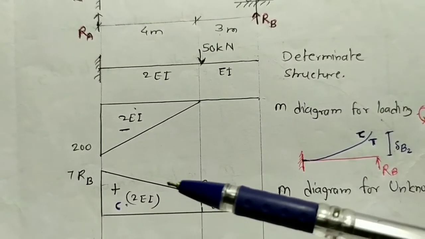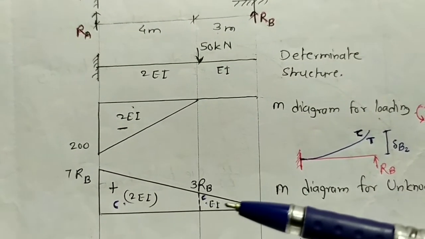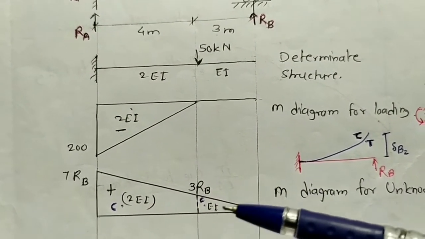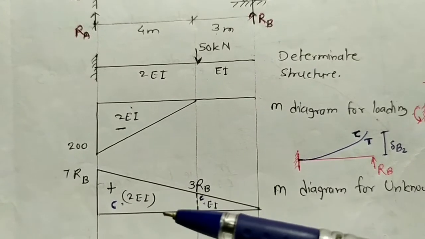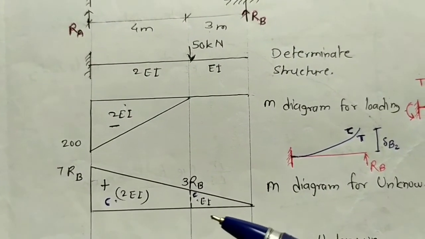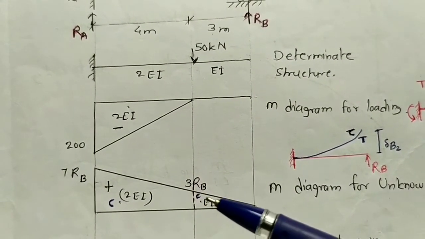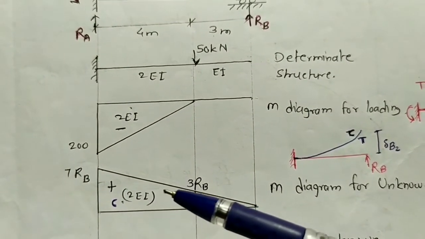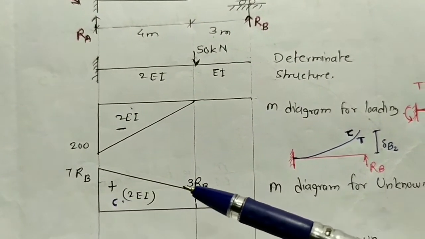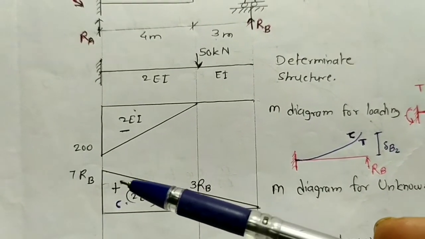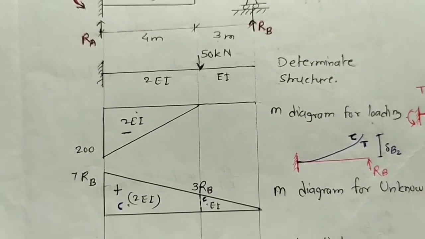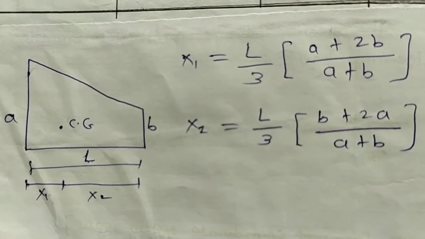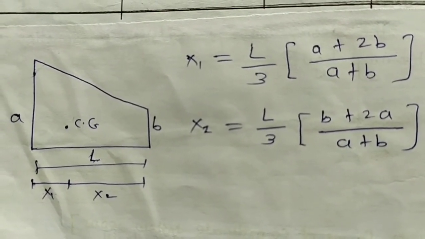That's why you have to consider this part separately and this part separately. So this is a triangle and this is a trapezoid. Of course, you can solve the example by considering this as a triangle and this as a trapezoid, or by considering this as one rectangle and one triangle. Here I have solved the example by considering the trapezoid and a triangle.